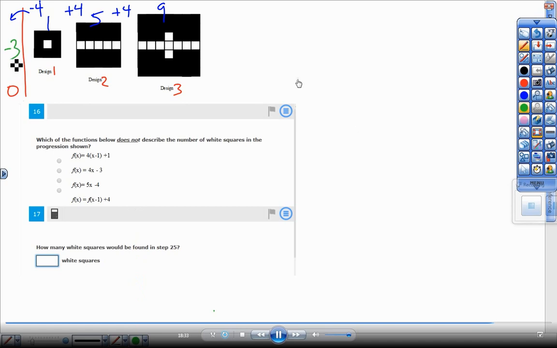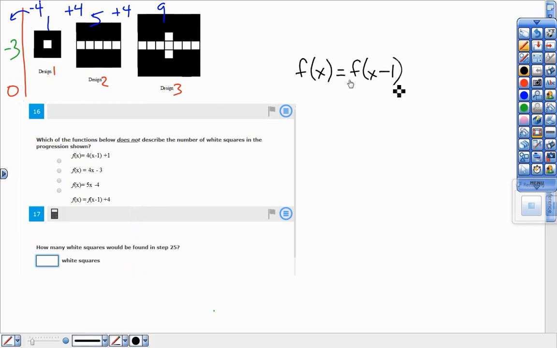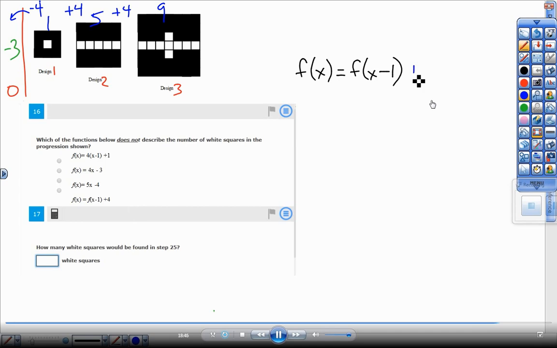I'm going to write all 3 forms before I check and see which one is the bad one there. So my recursive form is f of x minus 1 plus 4, which I could see right here.